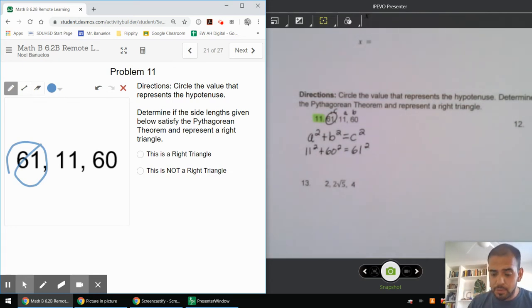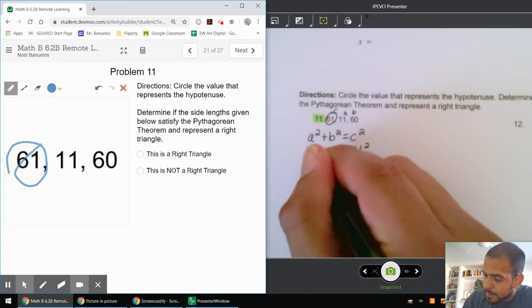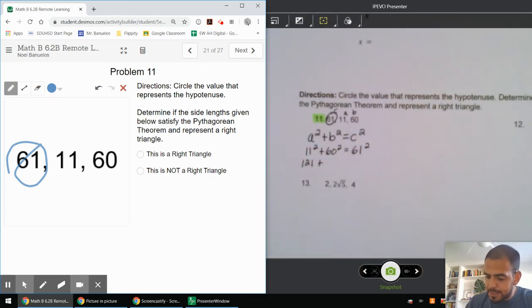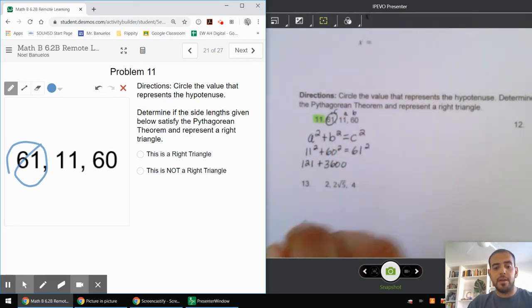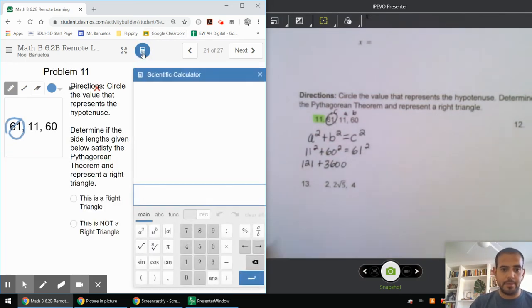So 11 squared is 121 plus 60 squared is 3,600. You can always use your Desmos calculator to help you figure these squares out. Okay, so always use your calculator. Use the tools that are available for you.